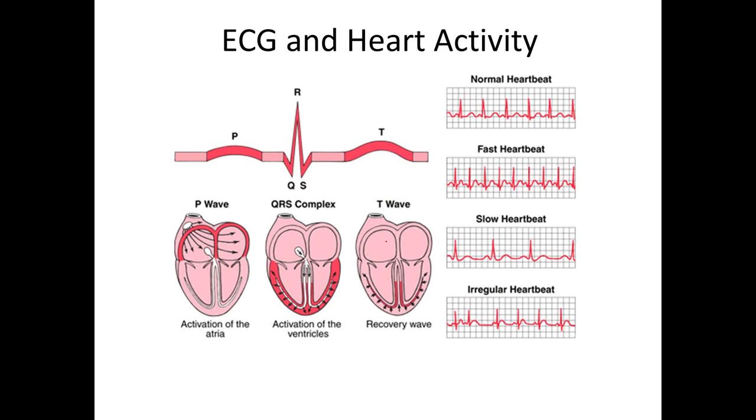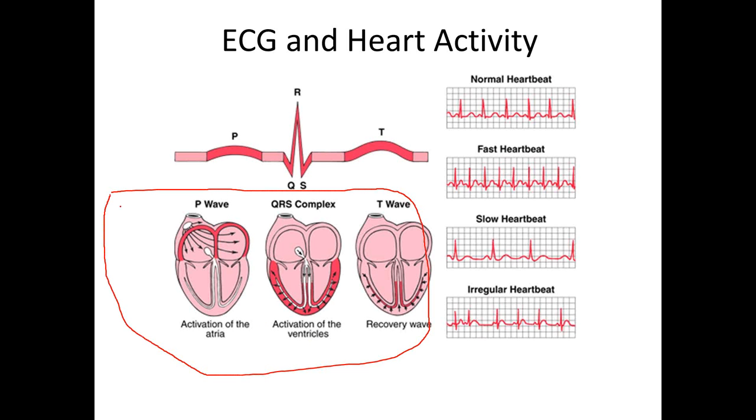So let's basically just look at this bit down the bottom first. Let's not look at the electrical waves at all. Let's just see the events that we've talked about. The first event is that wave of electrical activity that goes across the top of the heart.